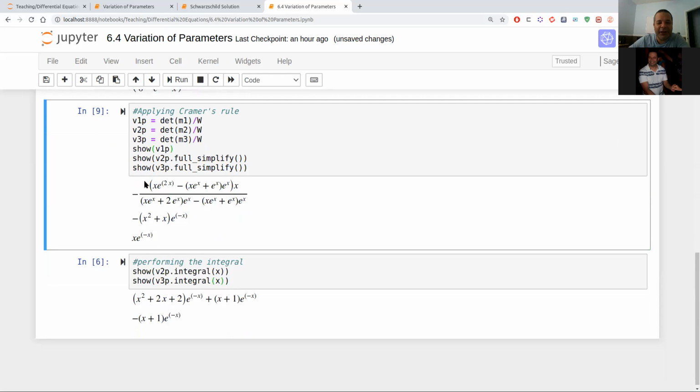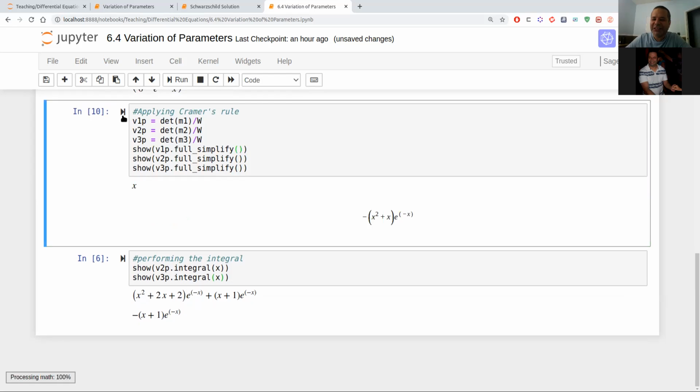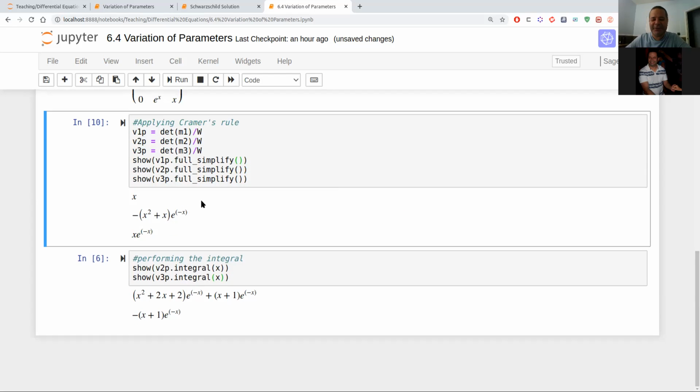I see that that's probably going to simplify, so I go ahead and use that function. That's just a function that does exactly what it says it does. Simplifies. Don't ask me why it doesn't do it automatically. You would think it does it automatically, but who knows?